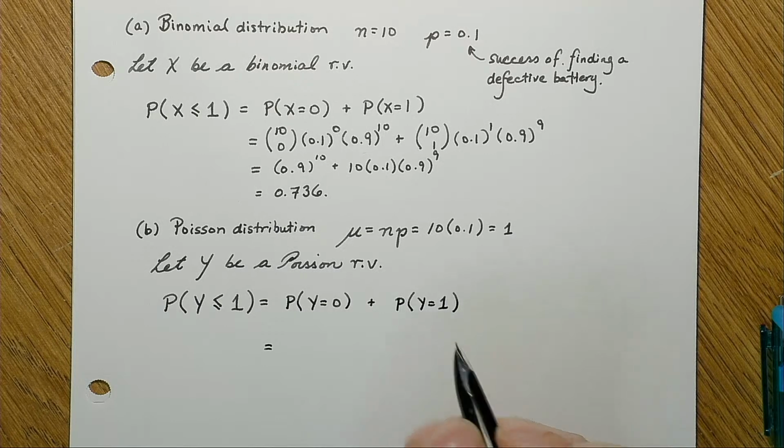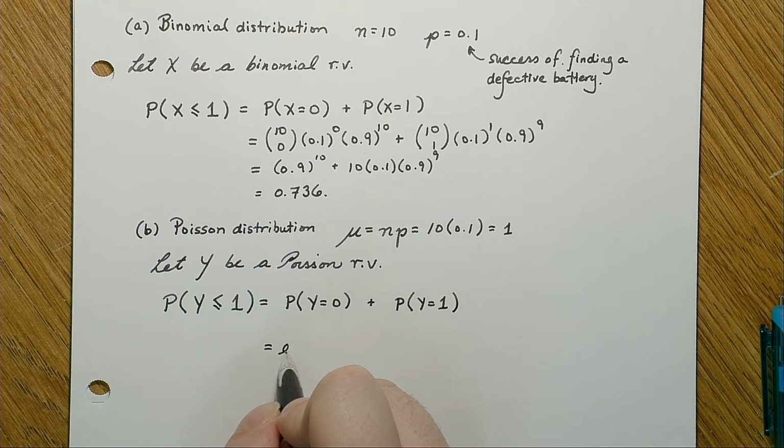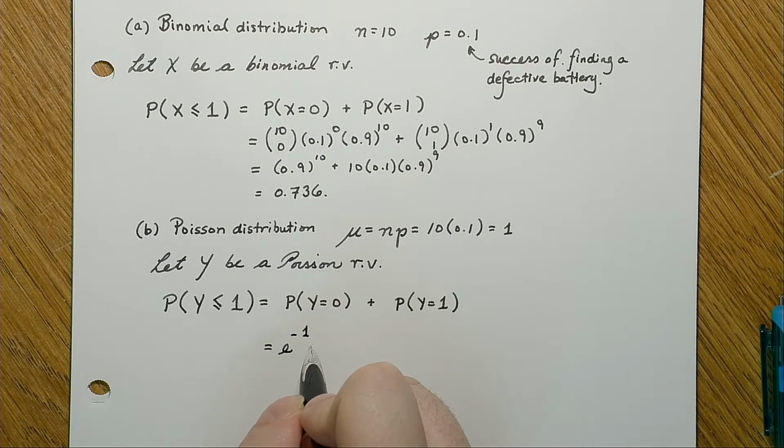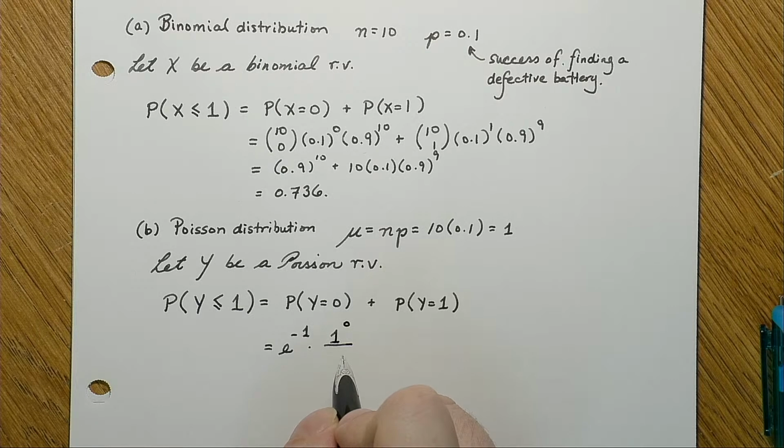So in this case, it's e to the minus 1 times 1 to the 0 over 0 factorial. That's still 1.